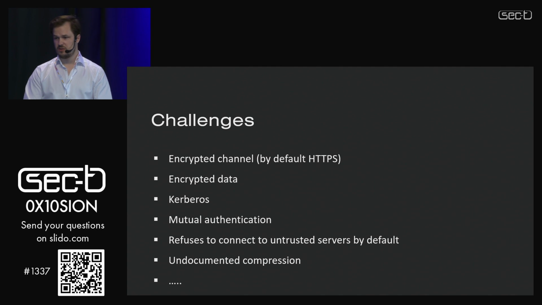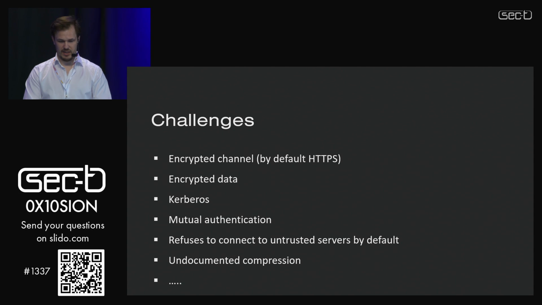And it uses Kerberos, it has mutual authentication, and by default, it only connects to trusted systems. So basically, you can only do this to a domain-joined system. And if we solve all of that, there's still this undocumented compression, which is a pain to reverse and figure out how it works.